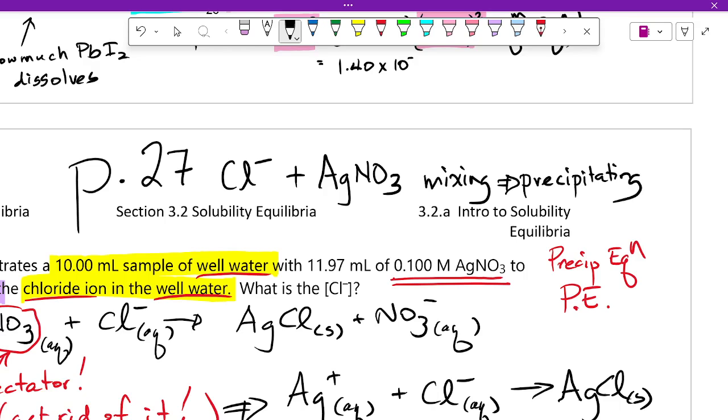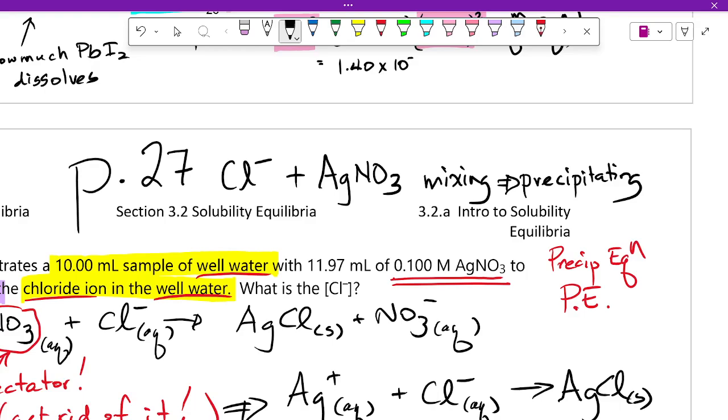So if you mix two things, you're looking at the precipitation equation. Okay, if you're looking at KSP or solubility, you're looking at the solubility equilibrium equation.